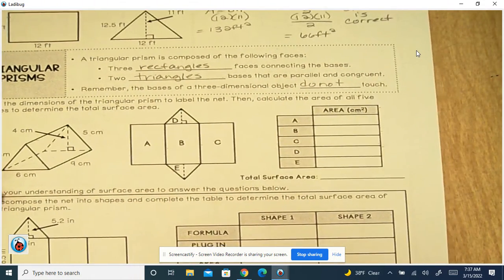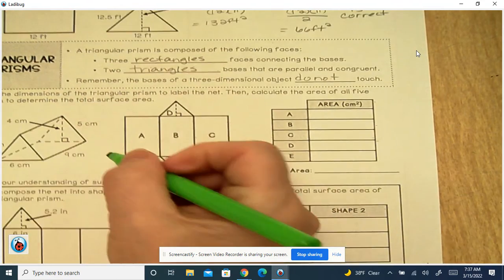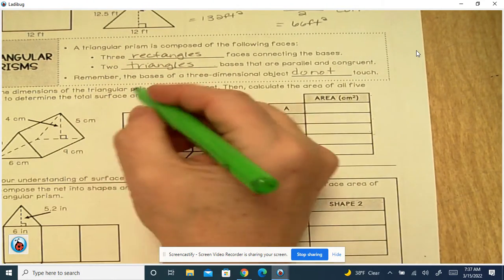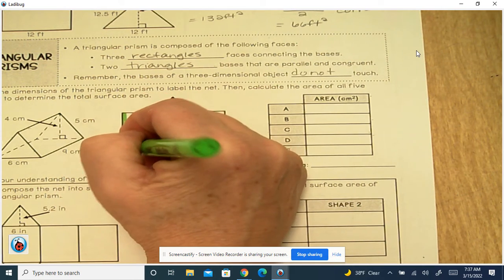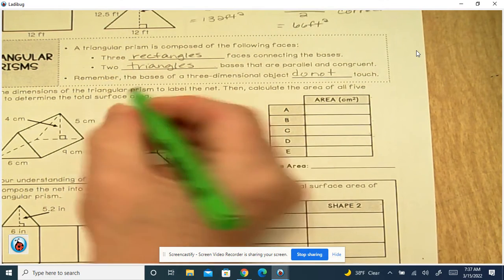All right, so first thing I want to start off here is we're going to color. This is the net for this figure. We're going to color the ones that are the same so you can see it before we start.